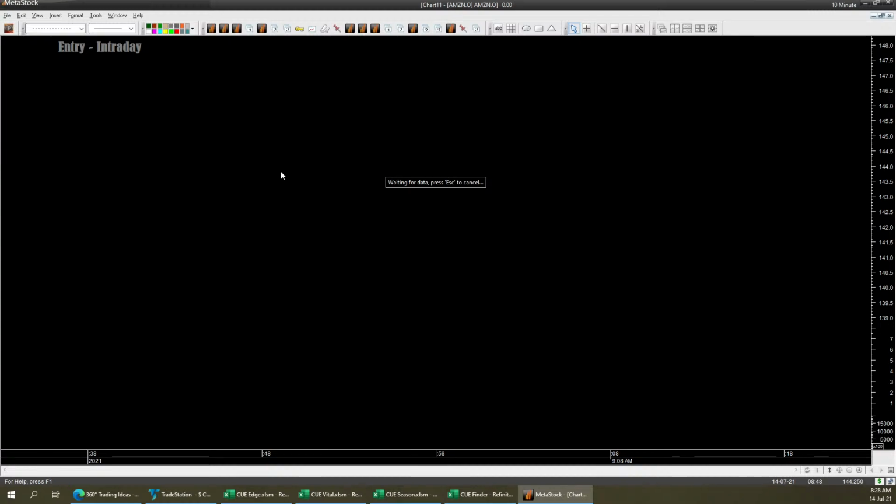It's always good to have two systems, one as a backup of the other. Okay, I may have some issues with MetaStock and TradeStation both.